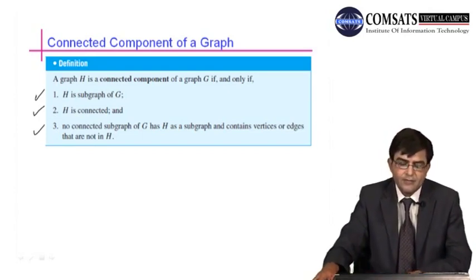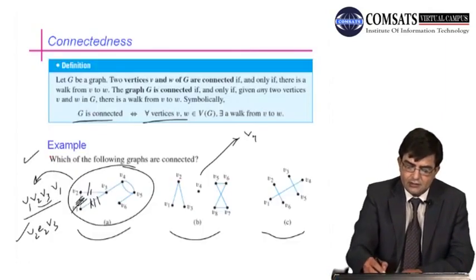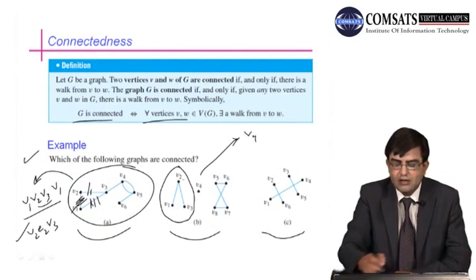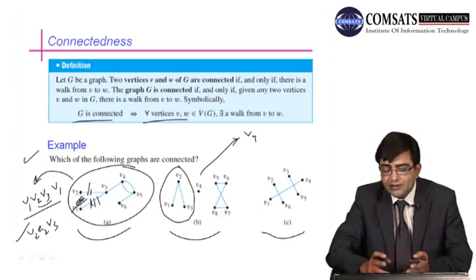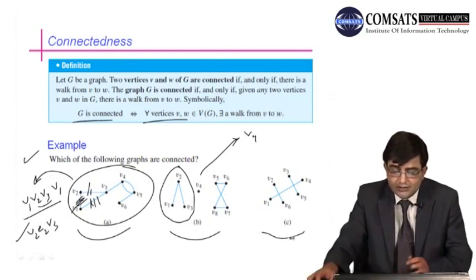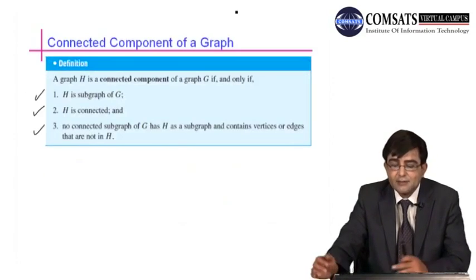For example, here in this previous case, this is a connected component of this whole graph because it is connected, it is a subgraph of this, and no other connected subgraph of G contains this graph. You can say no connected subgraph of G has H as a subgraph.